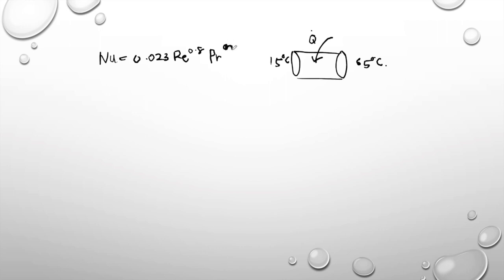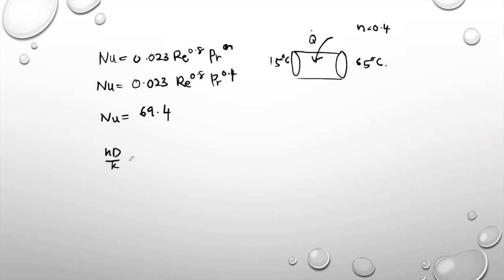Therefore, the n here is for heating, where n to be used is 0.4. So Nusselt number equals 0.023 Reynolds number 0.8, Prandtl number 0.4. Substituting into this equation, you will get Nusselt number of 69.4.